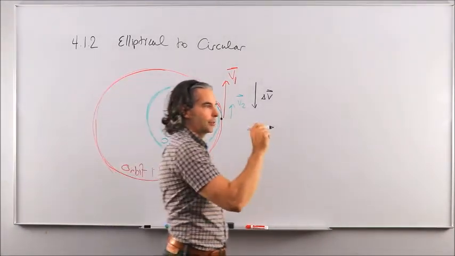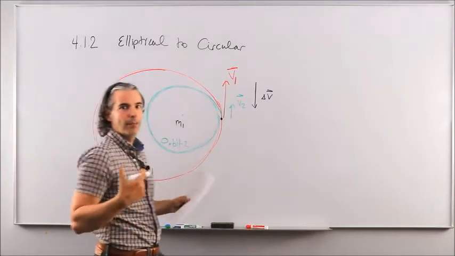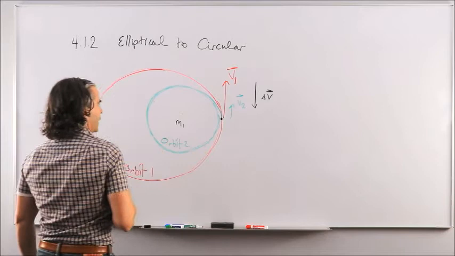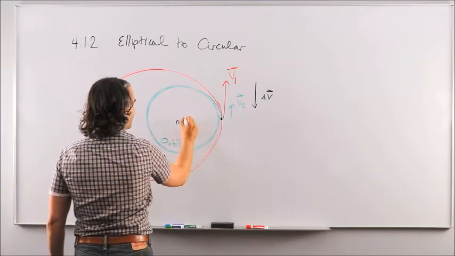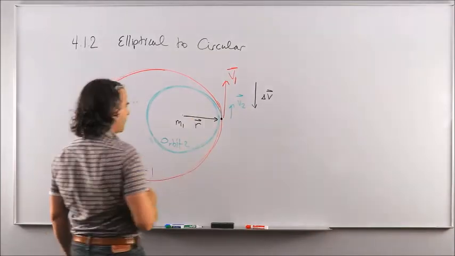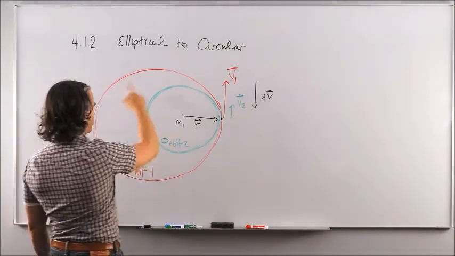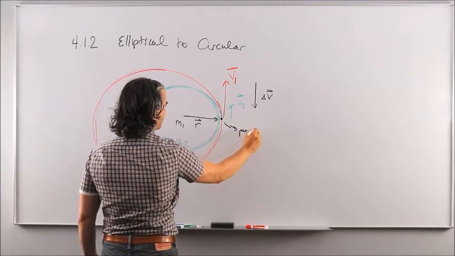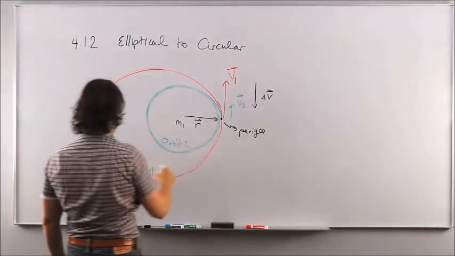If I'm traveling this way, the burn has to kick me backwards, okay? Like that. And the point of application is obviously at R vector like that, which just by inspecting the situation, I can easily tell is the perigee of the initial orbit.